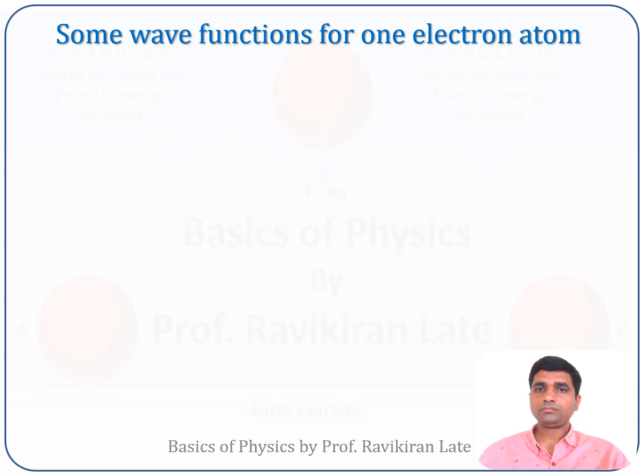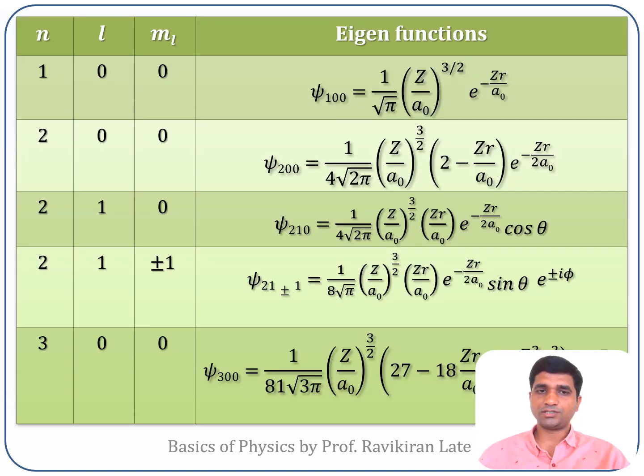Now we will try to calculate what wave functions are there based on these restrictions for these atoms. So in terms of n, L, and ML, we will be writing some of the wave functions of a hydrogen atom. For example, for the ground state in which n is equal to 1, the corresponding value of L will be 0 and the corresponding value of ML will be 0.